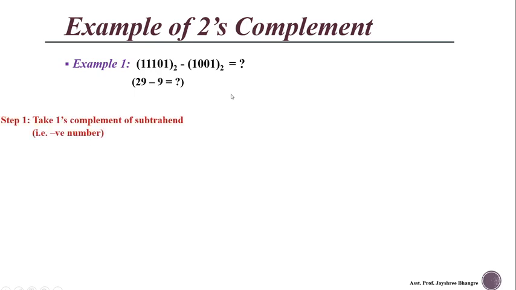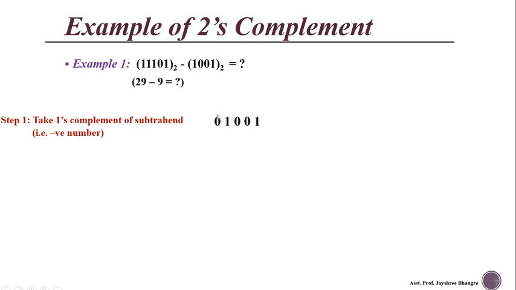So again, according to the first rule, we have to take the 1's complement of the subtrahend. Now, as the minuend is a 5-bit combination, we have to add 1 extra bit to the subtrahend also. If we don't add the extra bit, then you will reach a false result. So first equalize the number of bits for both binary numbers and then perform the subtraction.